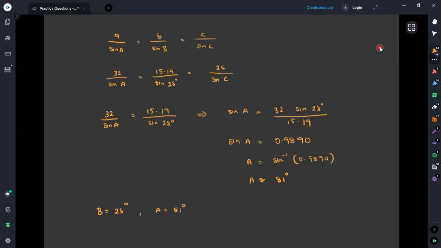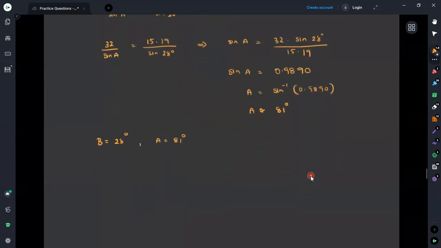Now we can use the sine rule if you need, but we can simply use the addition of the internal angles of a triangle, which is equal to 180. Since we know angle A and angle B, we can simply find the angle C using this equation.